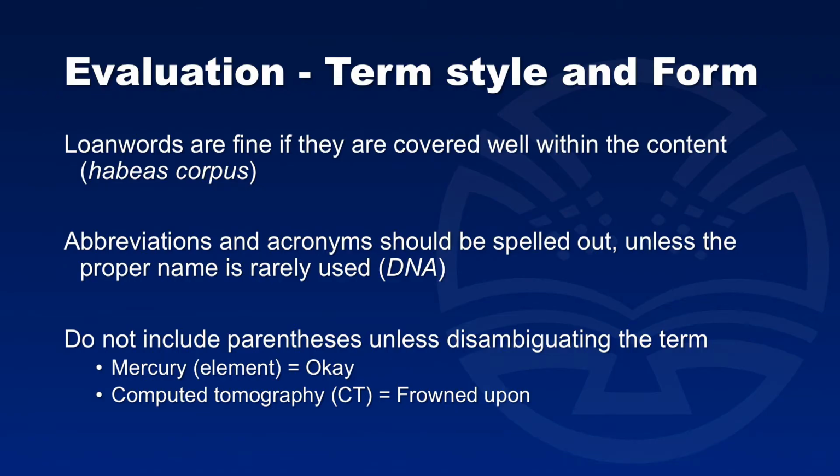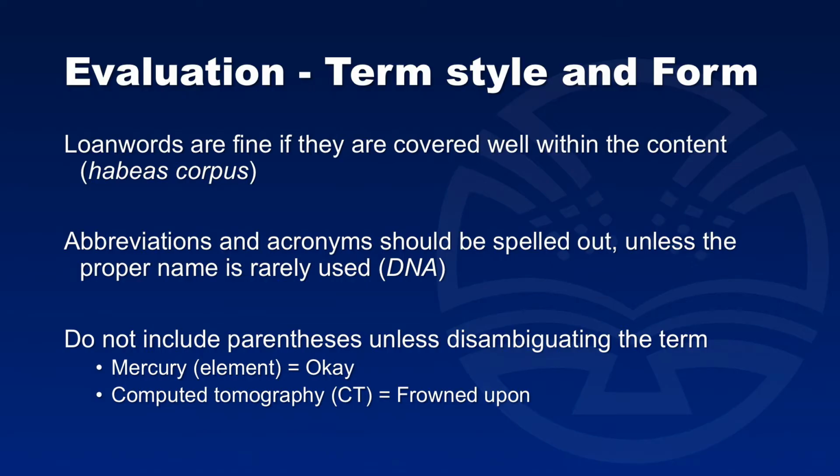Loan words are okay if they're in the context of the vocabulary. So if you're working in a law thesaurus, you might have habeas corpus as a term. Abbreviations should be spelled out, but major exceptions exist, and unfortunately they're highly debatable. And make sure that terms do not have parentheses unless they are disambiguating concepts.